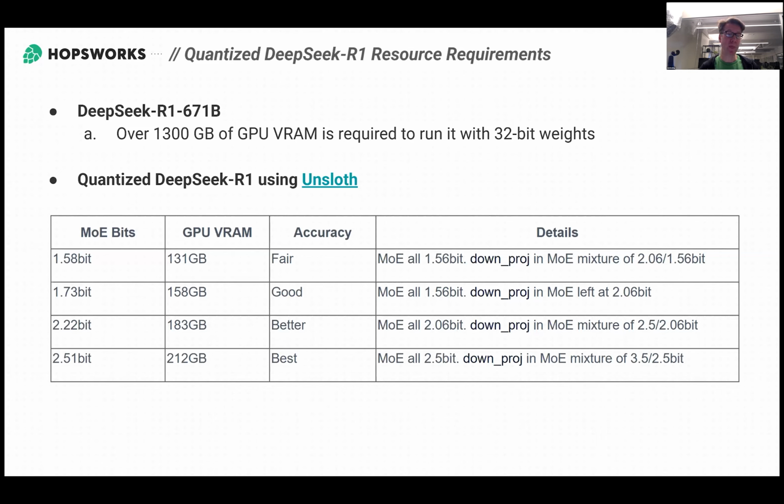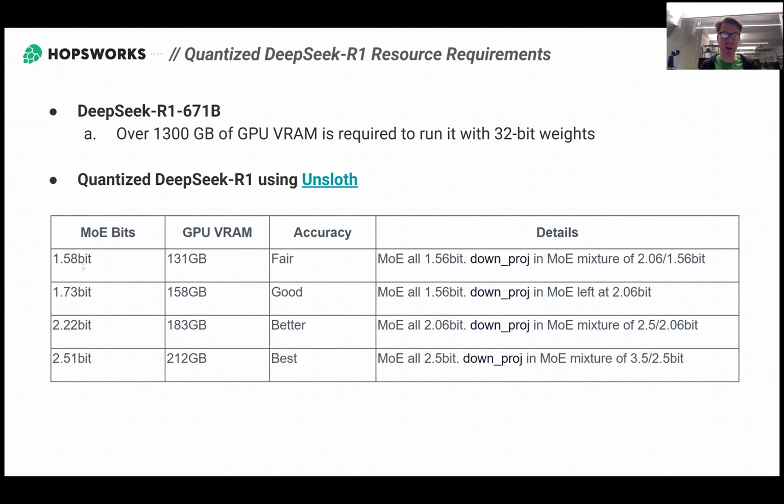But what you can do is run the quantized version. Unsloth have released a bunch of quantized versions, and these versions will run on a smaller number of GPUs. So today we're going to look at just running on two A100s, so we can fit in the fair and good. This is Unsloth, who consider them fair and good, better and best. That's their qualification for them. But you can see that when they quantized the model, the mixture of experts bits were reduced all the way down to 1.58 bits, which is very small.